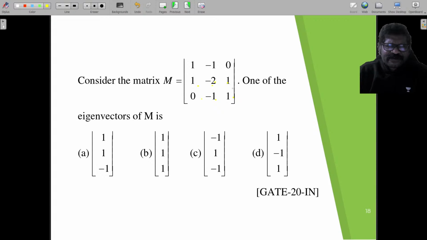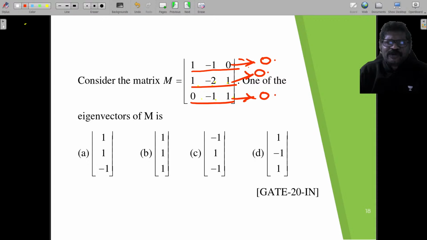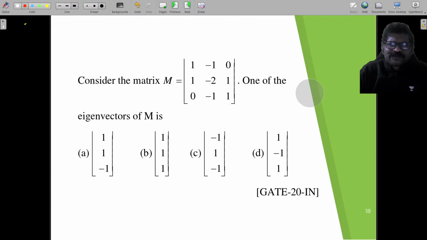If you write in the form Ax equal to lambda x, observe the sum of all elements of each row. First row: 1 minus 1 plus 0 is 0. Sum of the second row is 0. Sum of the third row is 0. We can understand that 0 is one of the eigenvalues. That's why I am going to multiply the matrix with the options one by one.